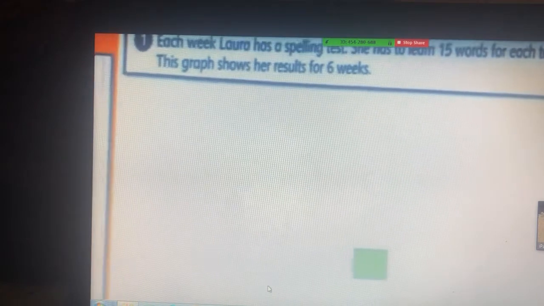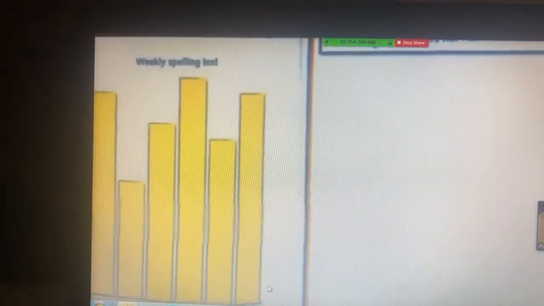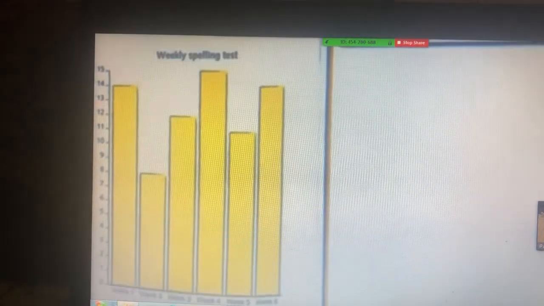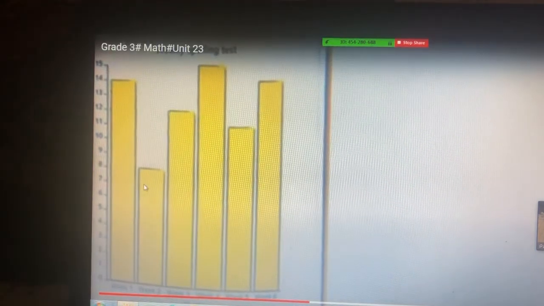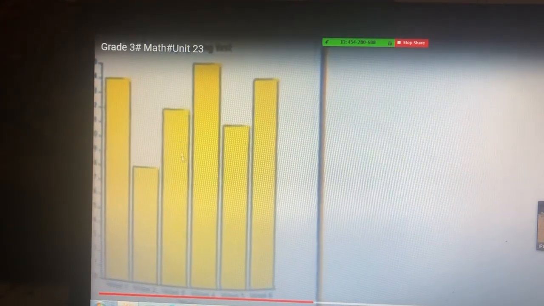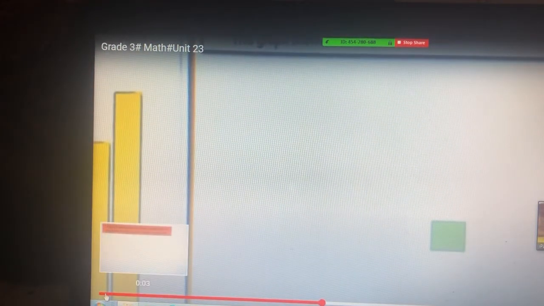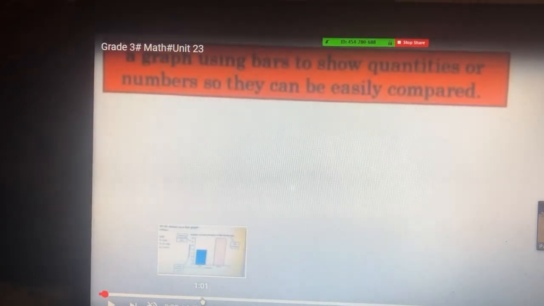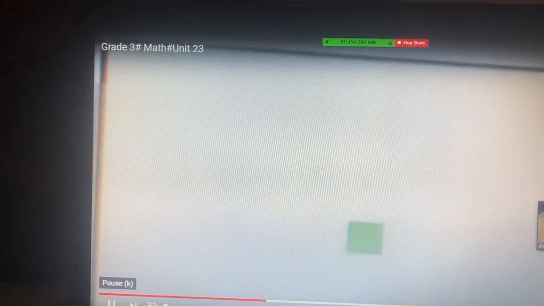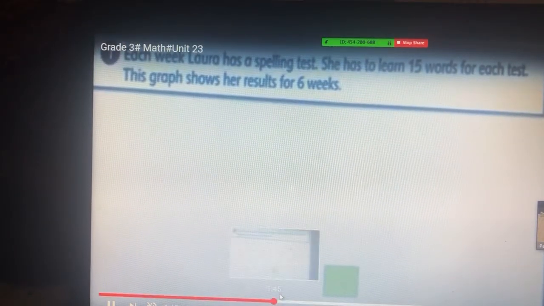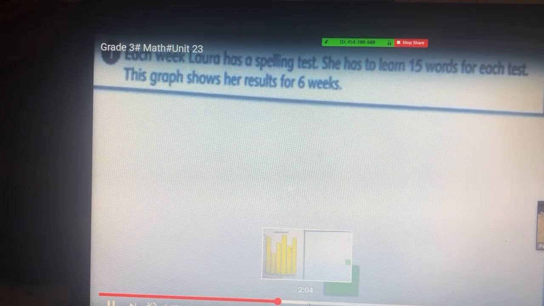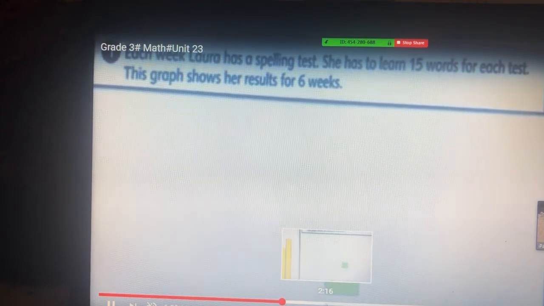Now let's look at the graph first. And before answering anything, I have to stop and think. What is the title? Look at the graph and the scale. The first question, read it for me. Read the first one, sweetie. In which week did she get 15 out of 15 in her test? That means I have to look at each part, at which part, Yasin?